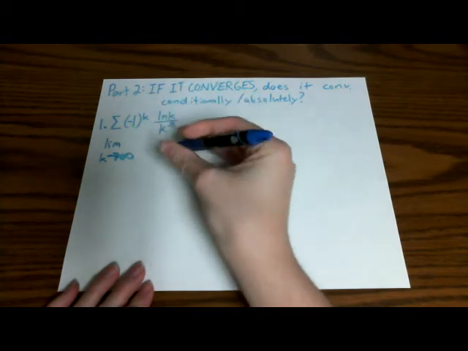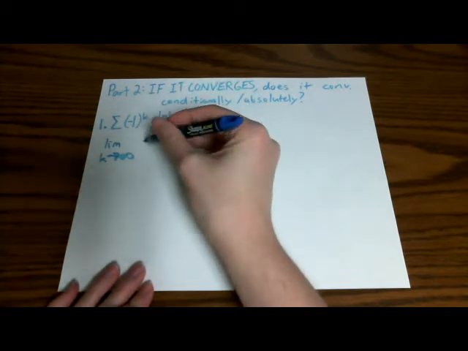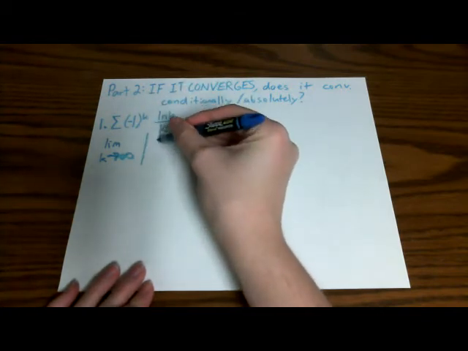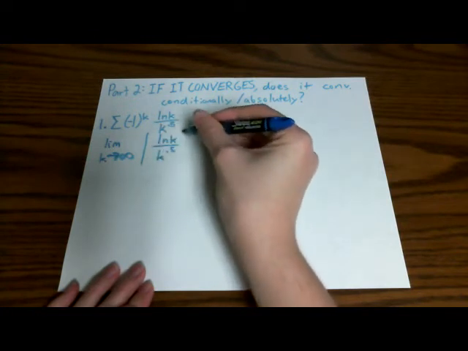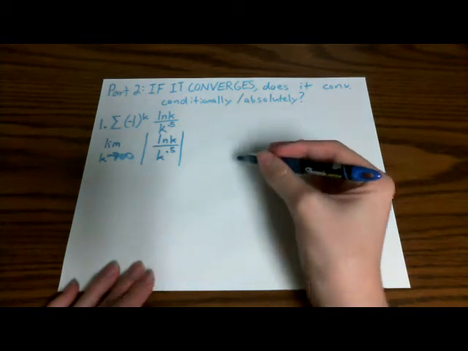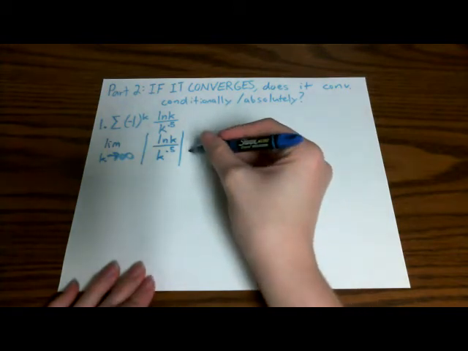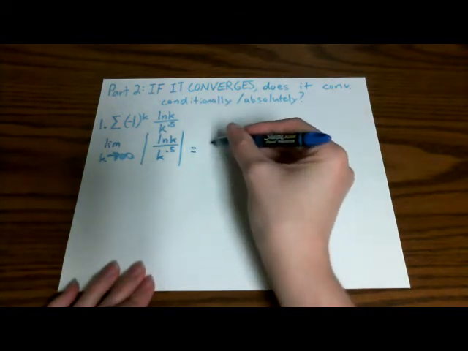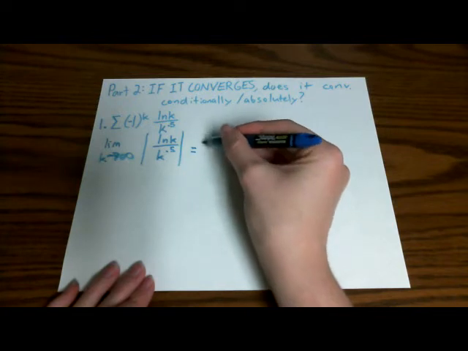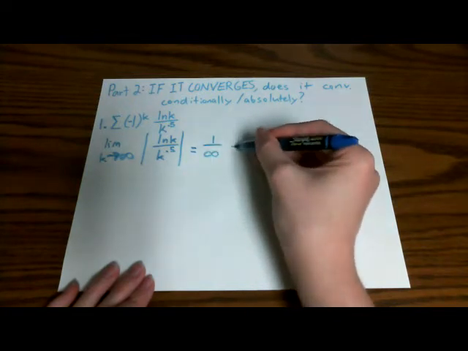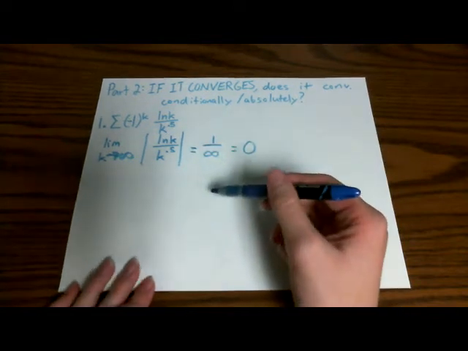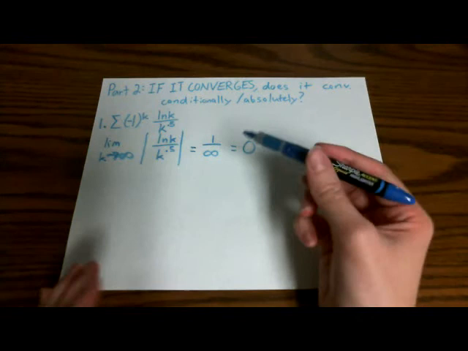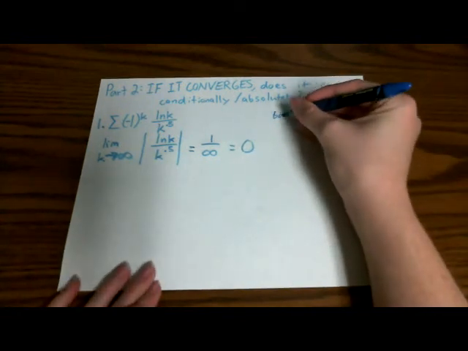K approaches infinity of the a sub k, which is ln of k over k to the 0.5. And we can see that this is going to approach 0, 1 over infinity, 0, because we know from, let me write it here.